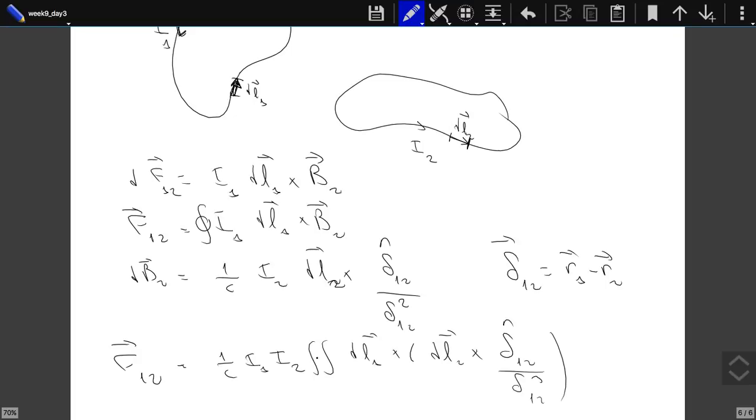Of course, here I have a double integral. So I'm integrating over both of these closed wires. Now let us simplify it a bit.